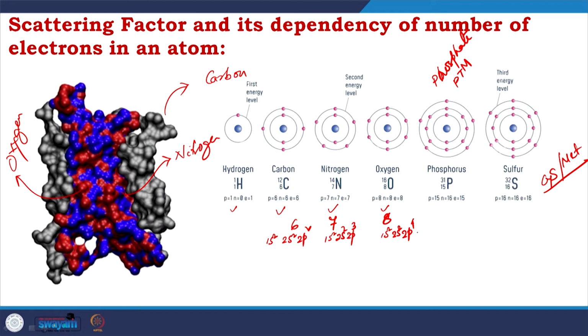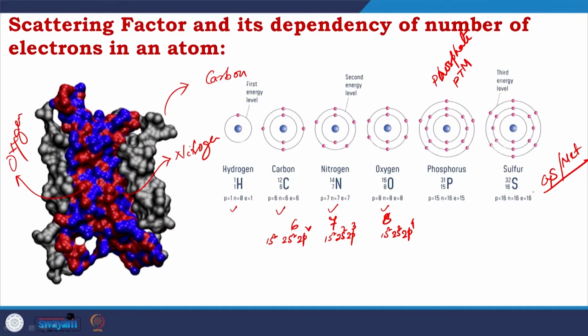You could easily understand now, as you have seen, that the scattering is mostly dependent on the number of electrons present. So, carbon, nitrogen and oxygen all behave as similar scatterers.